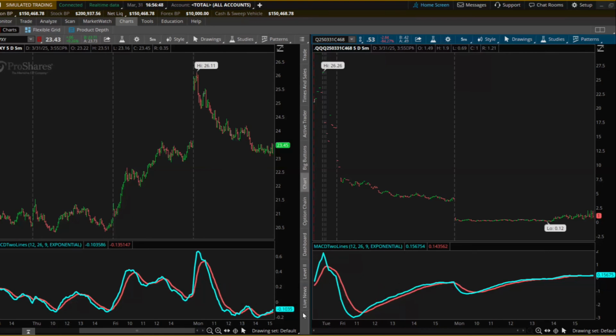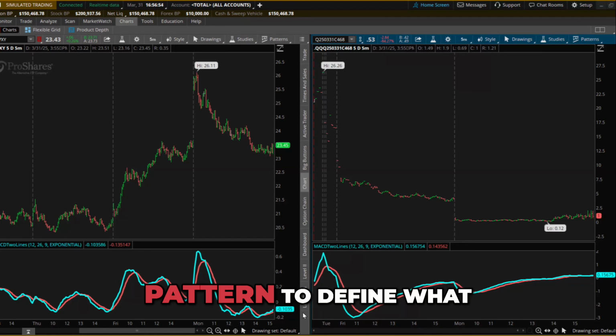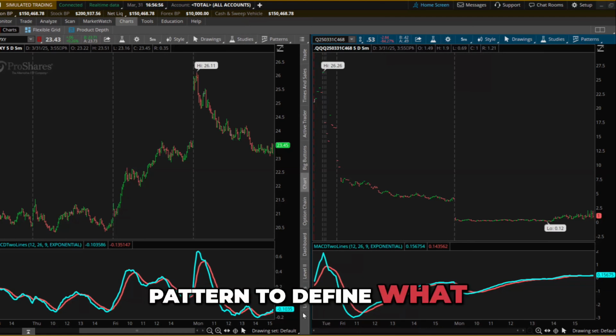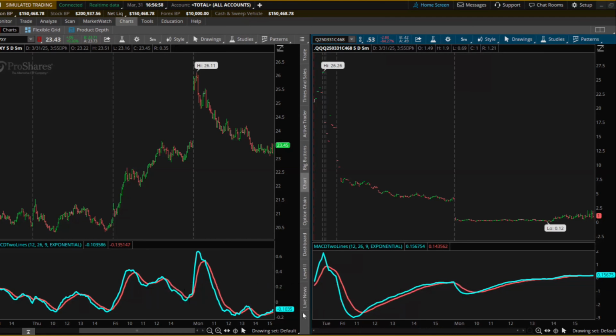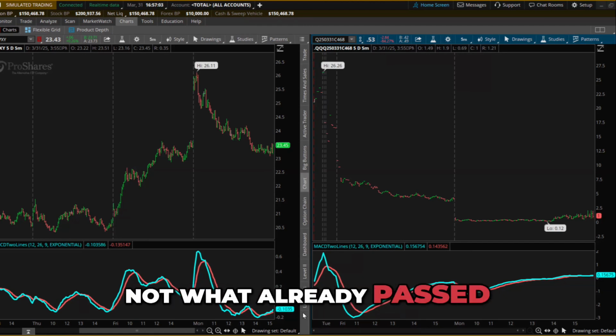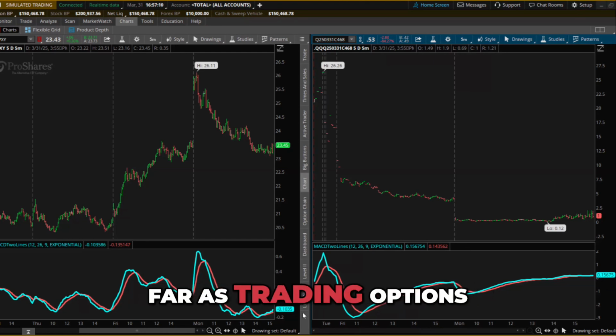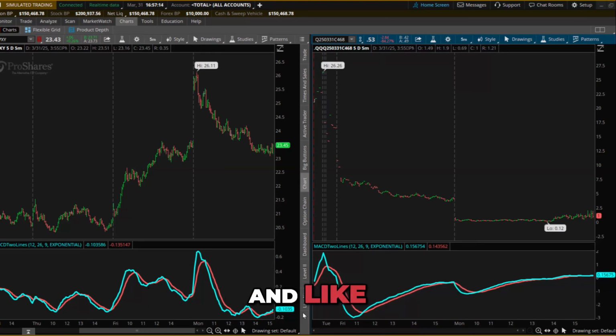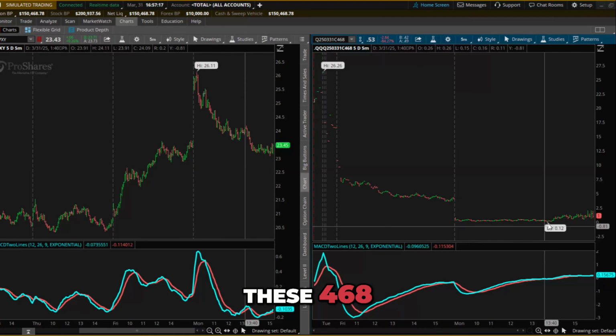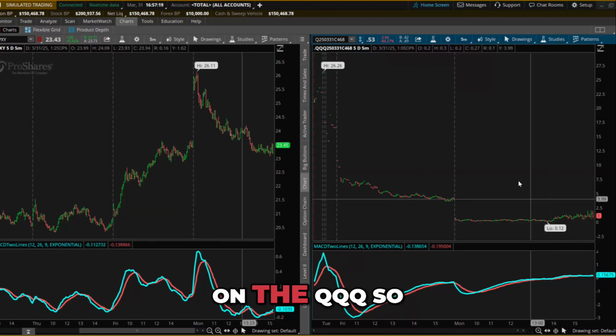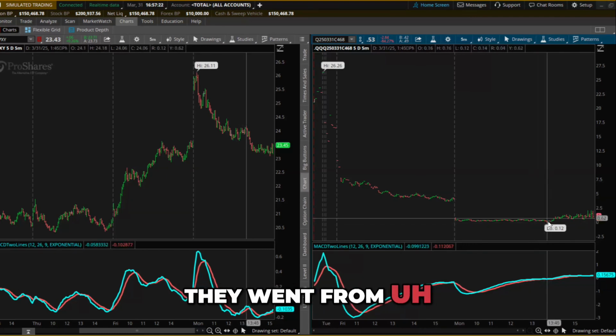That's the problem that you have when you don't have any pattern to define what you're going to do, not what already passed. So there really wasn't any good opportunity as far as trading options goes today. For instance, these 468 on the QQQ went from 12 cents.